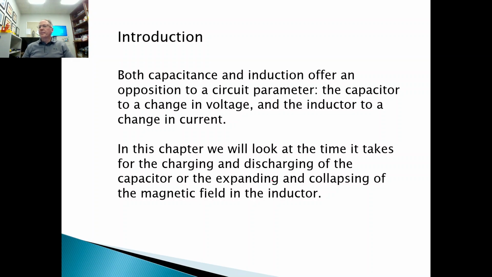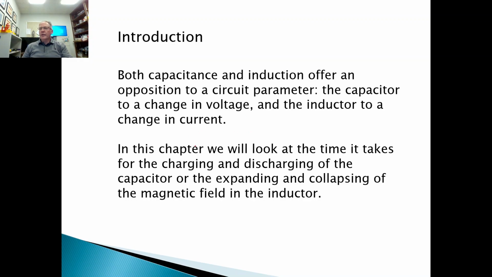All right, so both capacitance and inductance offer an opposition to a circuit parameter. So the capacitor is going to cause a change in voltage, and the inductor is going to cause a change in current. So remember that the capacitor is voltage and the inductor is current.